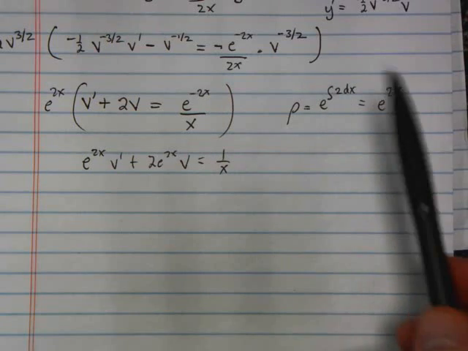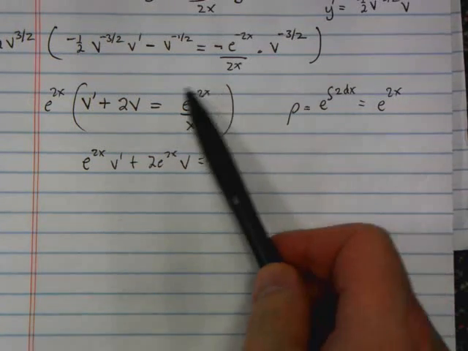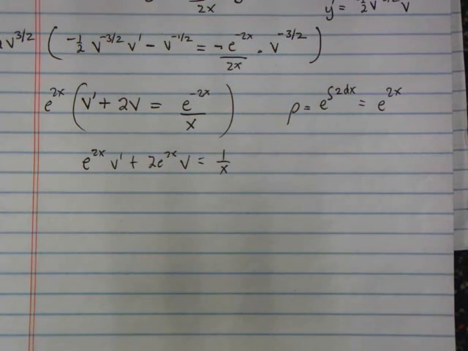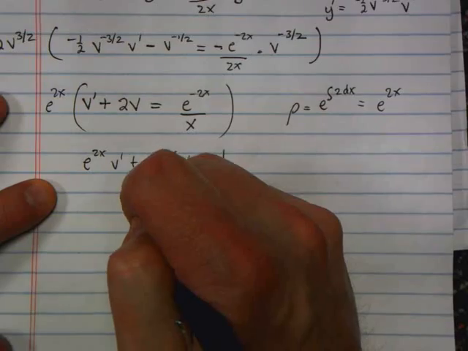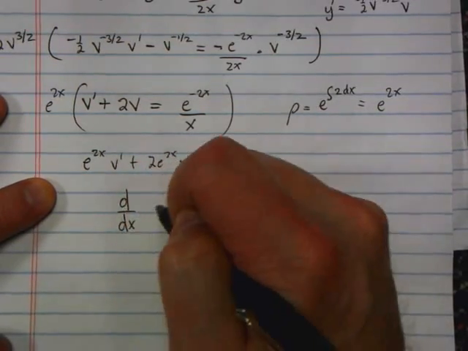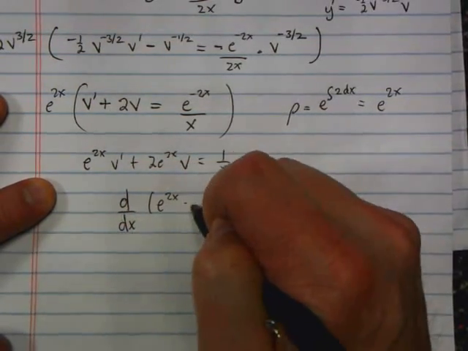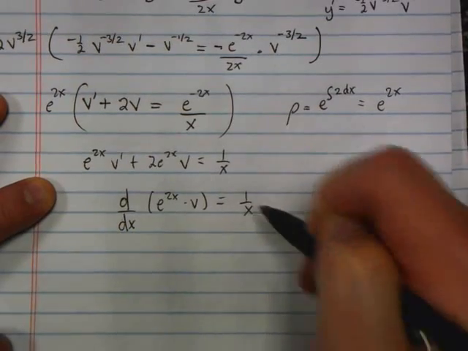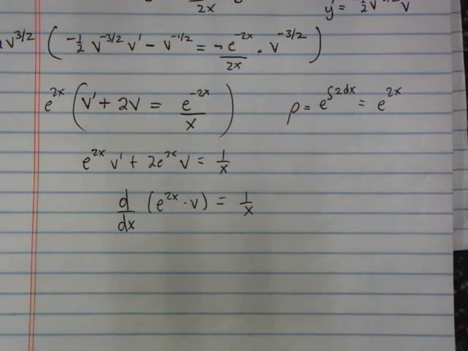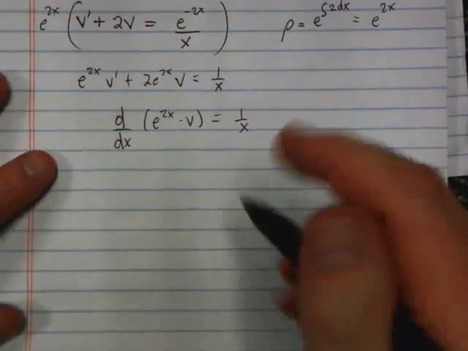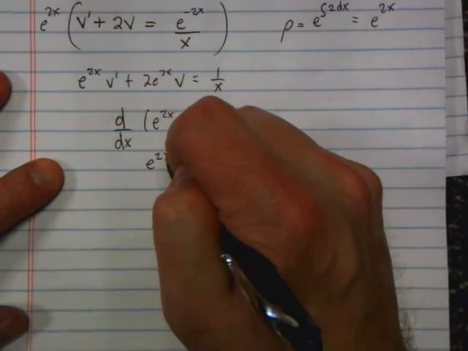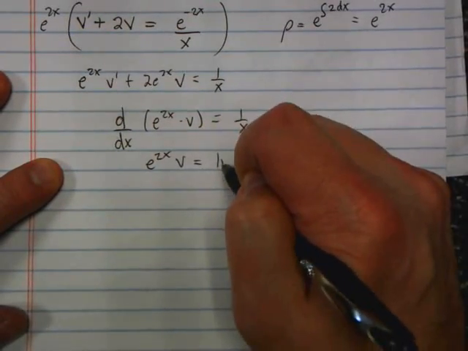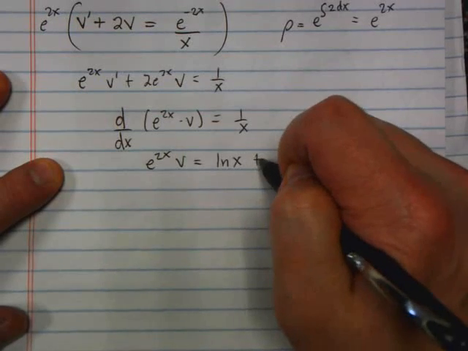I like that very much, that this e to the 2x reduced that e to the negative 2x, because that looked like it was going to be a nasty integration. It looks a lot better now. The left-hand side factors as the derivative of e to the 2x times v, which is 1 over x. Integrate: e to the 2x v equals ln x plus c.